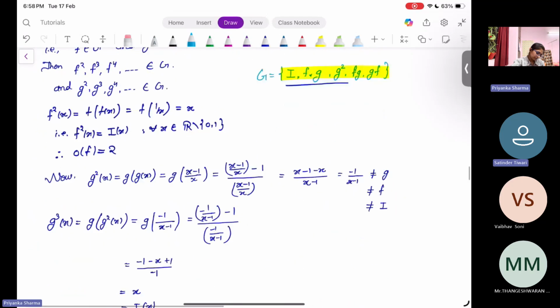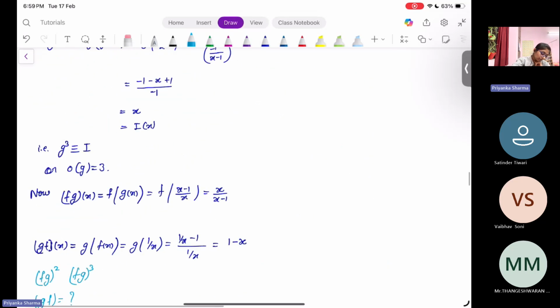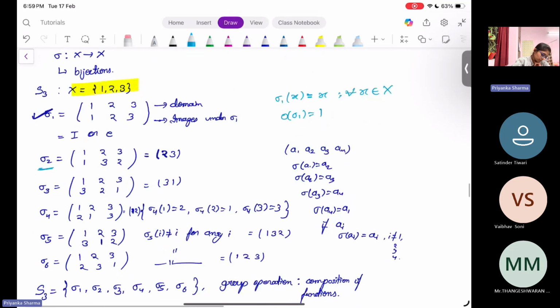We will apply the composition until we get again 1, 2, 3. Yes, exactly. Like here we had the functions f and g, and we computed their orders. Sigma 2, sigma 3, and so on are basically functions, so using the composition operation, we can find their orders.